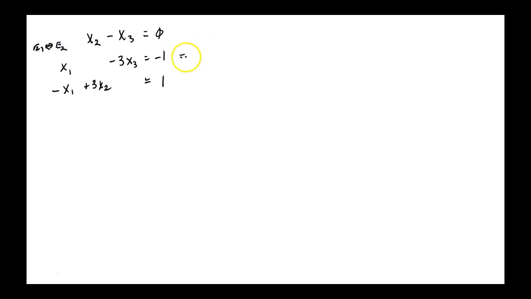Okay. So the next equivalent system will be x sub 1 minus 3x sub 3 is equal to minus 1, and x sub 2 minus x sub 3 is equal to 0.